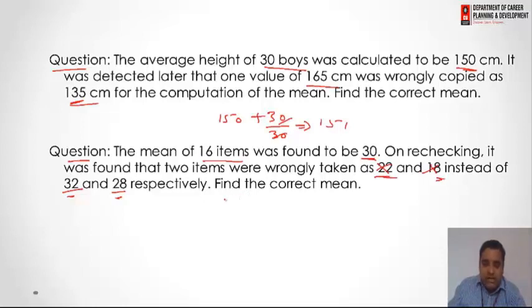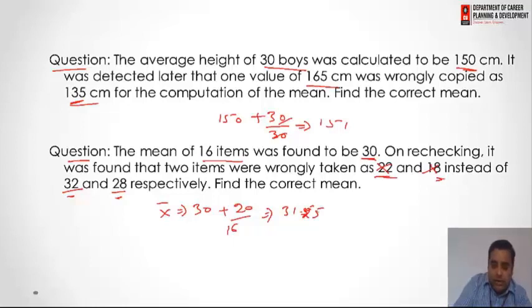So in totality we can say the addition is 20. That means the mean, which was previously 30, is now increased by the average of 20. That means the new average is 31.25. 31.25 is the answer for this question.